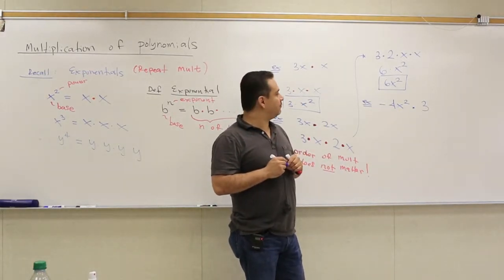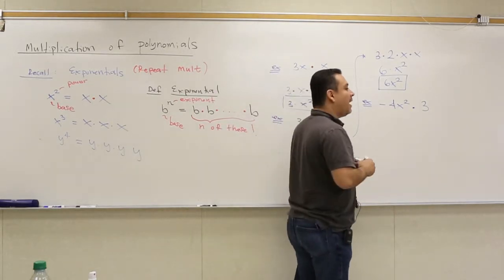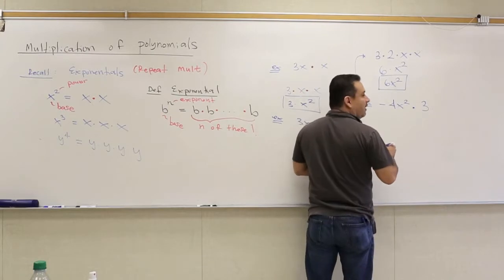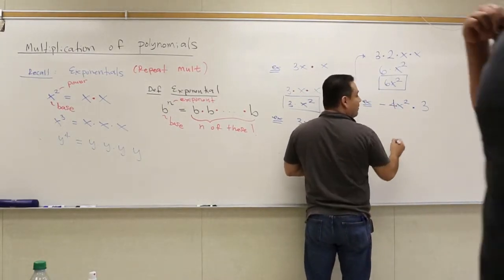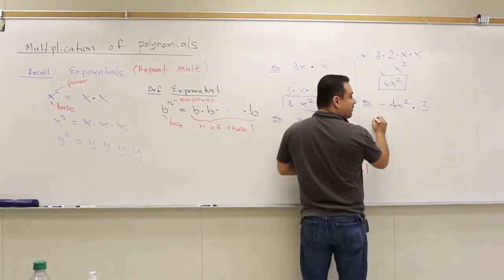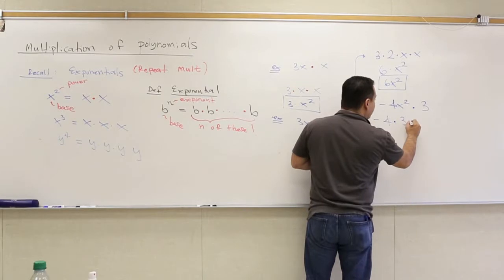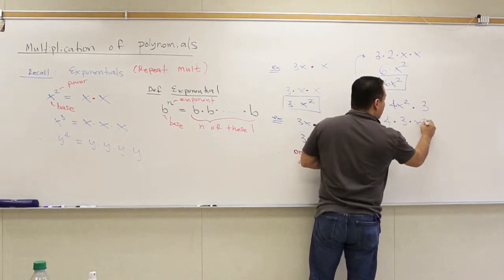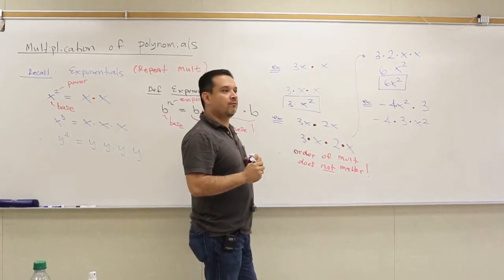Multiply negative 4 times 3. But what's your justification? How can you do that? Well, isn't there multiplication happening here as well? So the justification is that the order in which you multiply does not matter. Is that right? You guys okay with that?